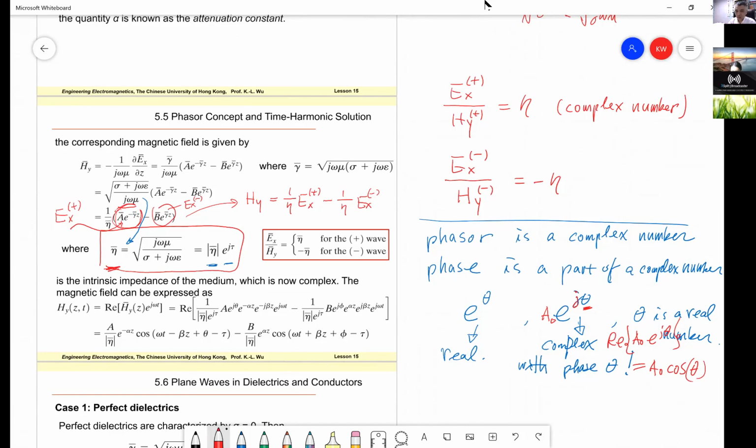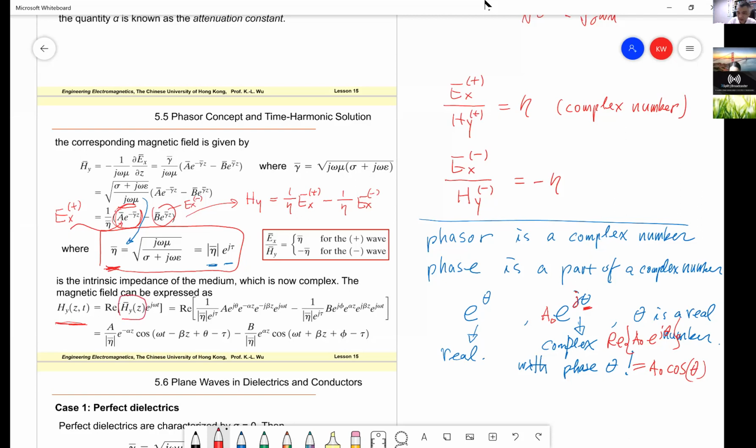Now let's say we would like to find the instantaneous expression for the magnetic field. By definition, that is I take the real part. First of all, I already found the phasor.